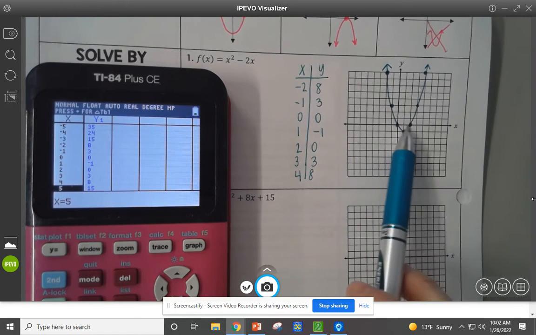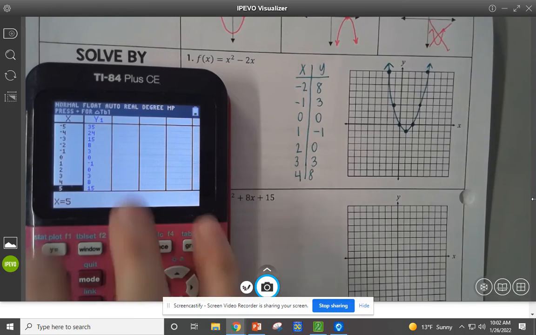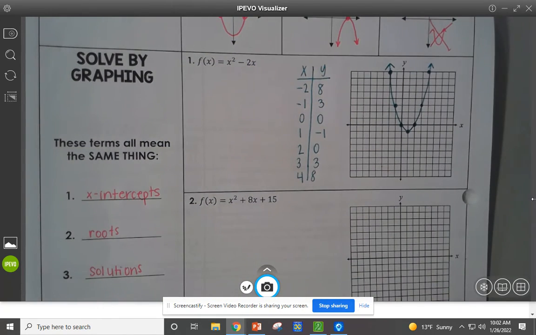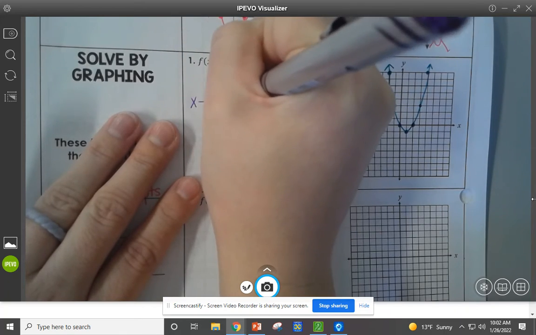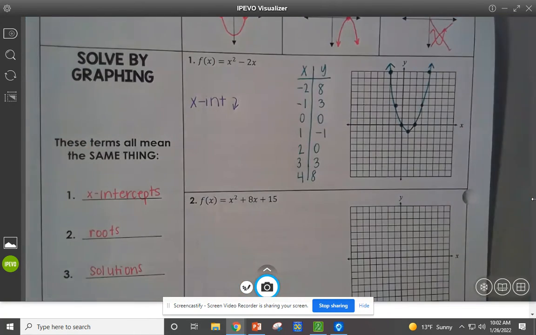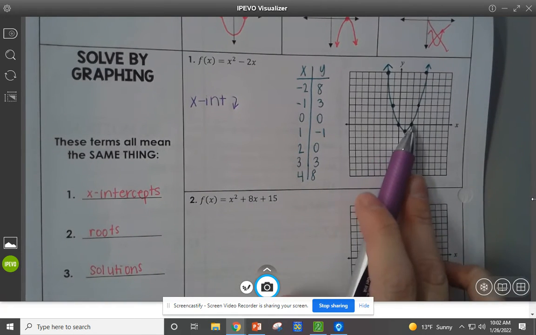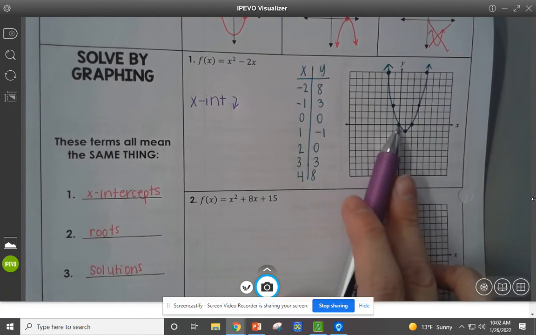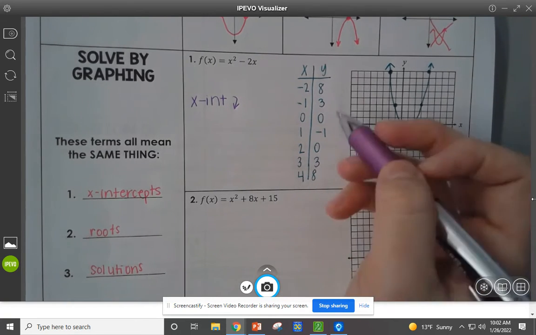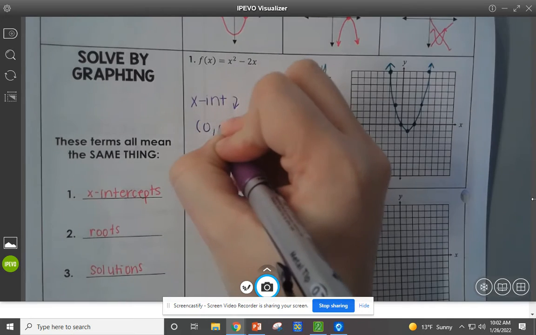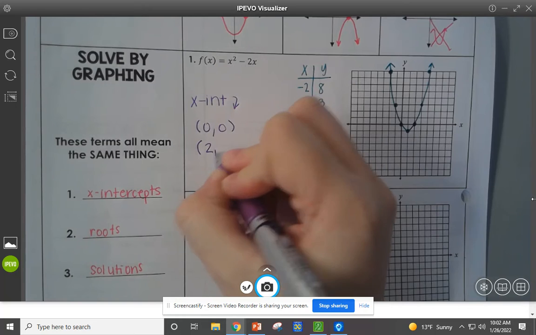Yep, it has 2 solutions. It has 2 x-intercepts, 2 roots, 2 zeros. We're going to jot those down. So our x-intercepts, these 2 points right here where it crosses the x-axis, are the points 0, 0, and the point 2, 0.